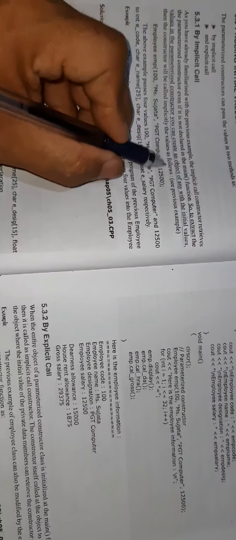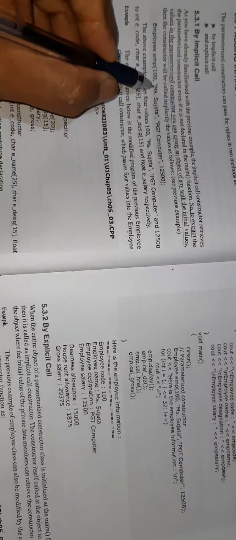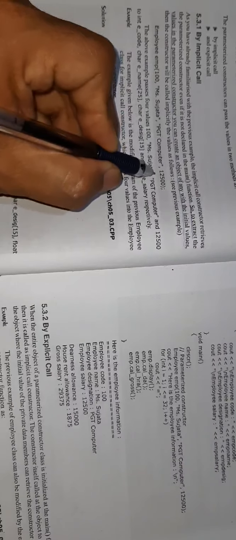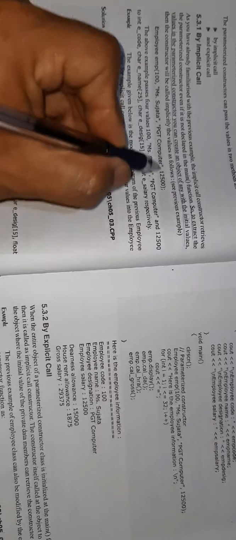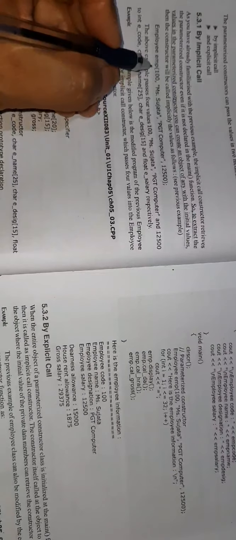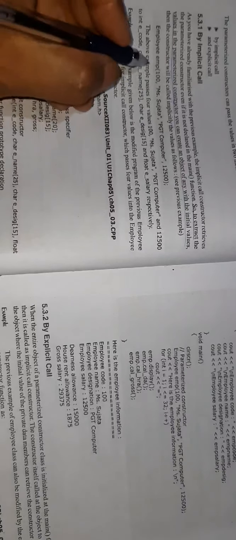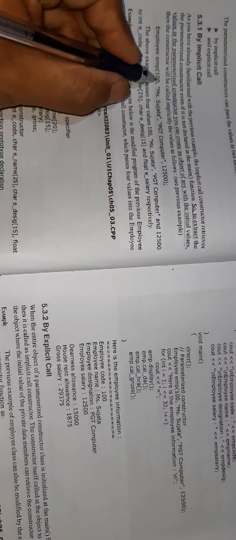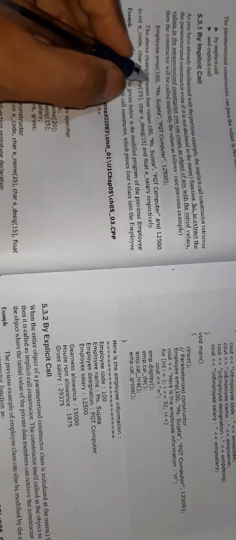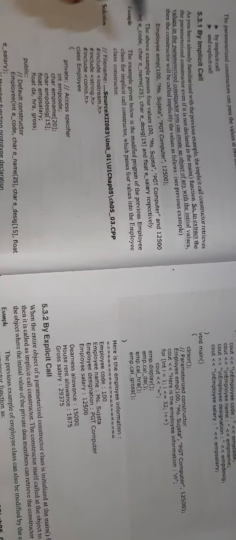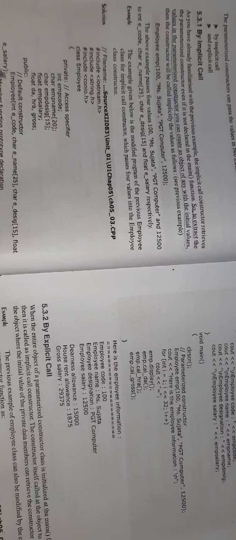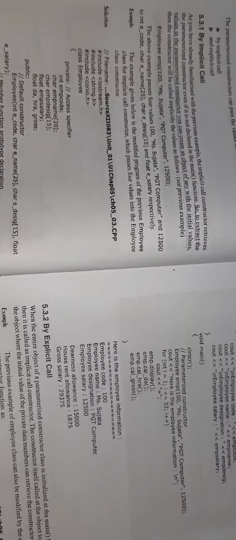The values are shown. So in this part, implicit call is done. Since the implicit call is done, the object itself assigns the values and invokes the parameterized constructor body.